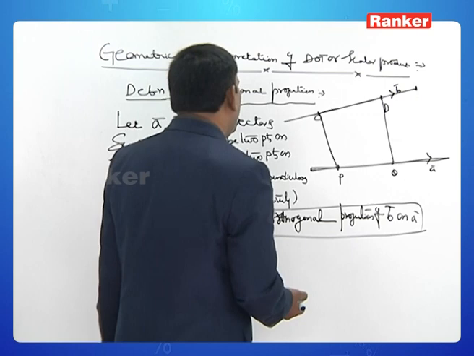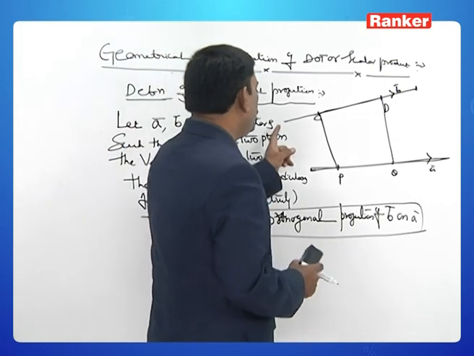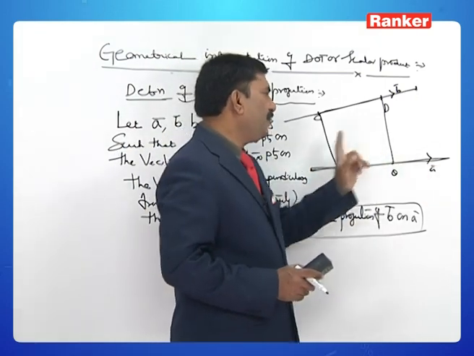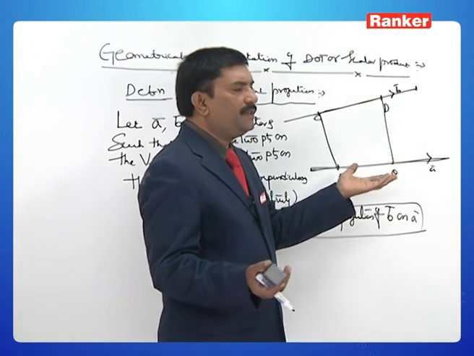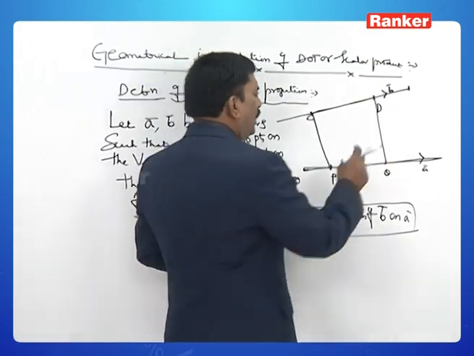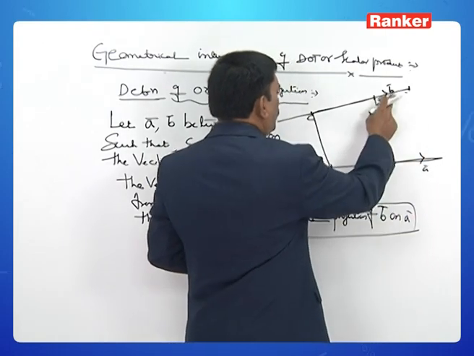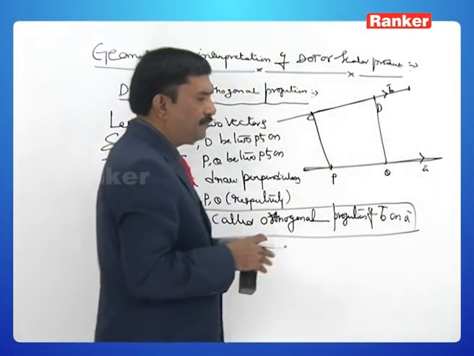If you want, you can take OA bar is equal to A bar, OB bar is equal to B bar, as you please. So A bar be the vector, B bar be the second vector.